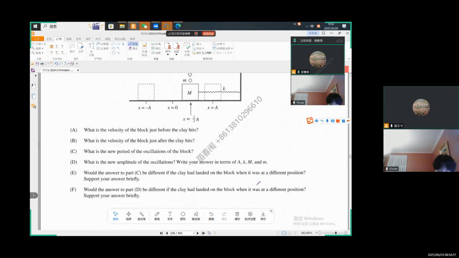And then E. Would the answer to part C be different if the clay had landed on the block when it was at a different position? Period.